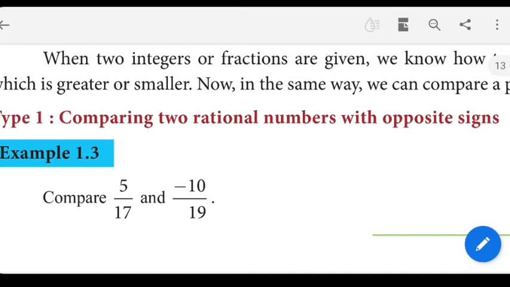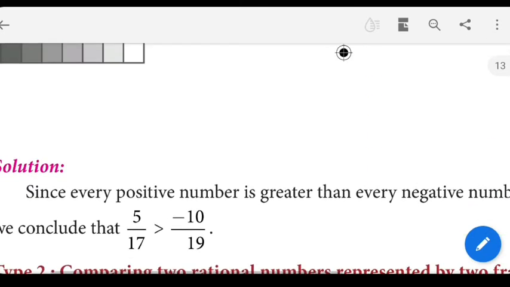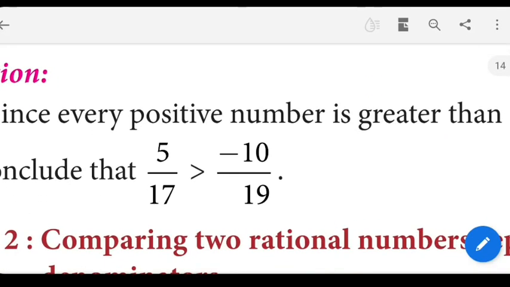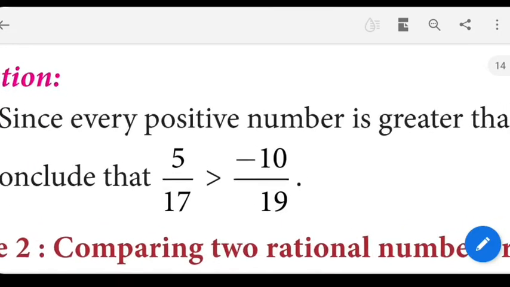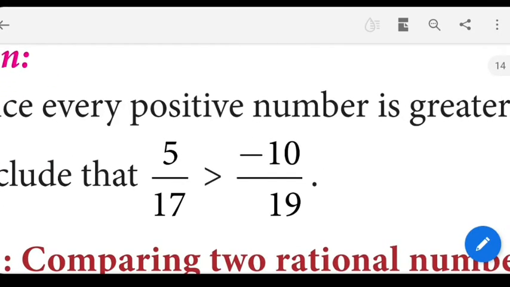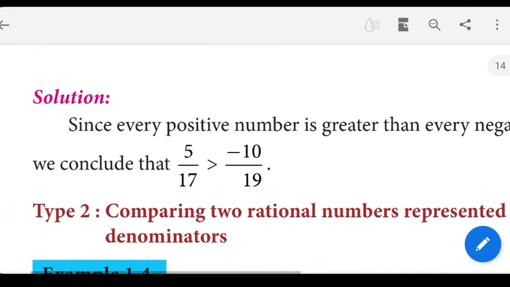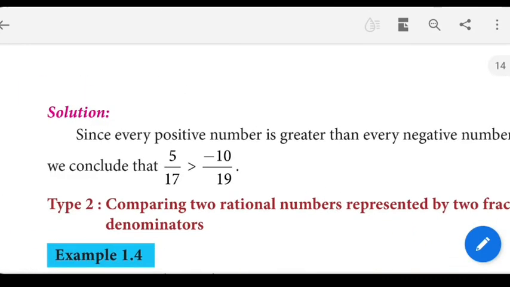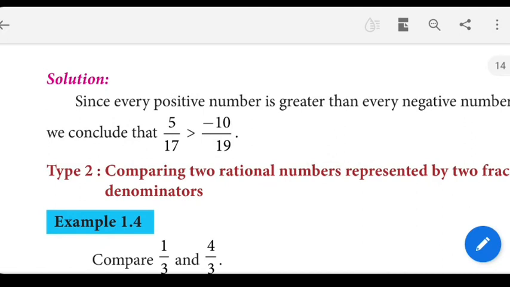So obviously 5 by 17 is greater than minus 10 by 19. It's enough to write this only. If you want, you can write that point in brackets after the sum.